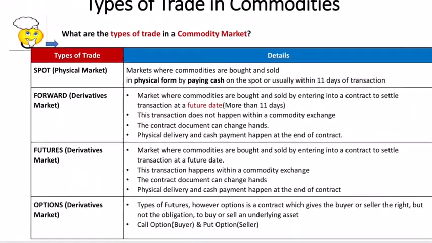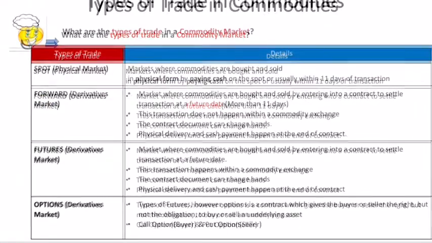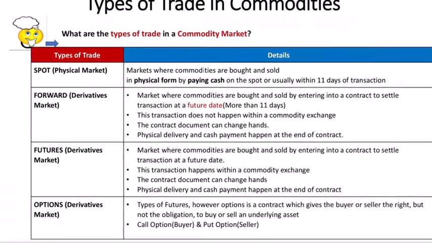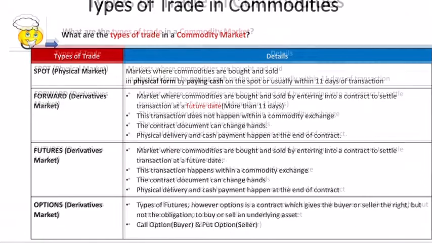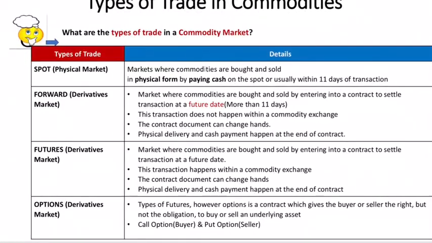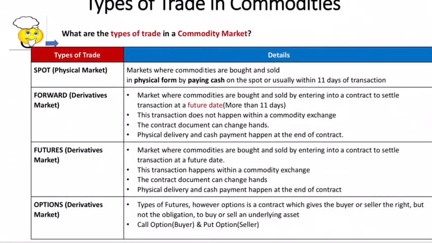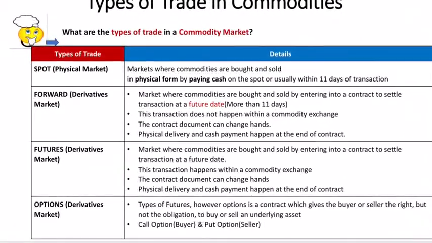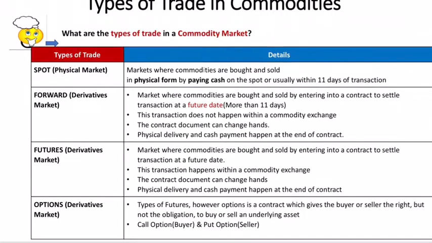It is categorized as follows: spot or physical market, which is outside of the exchange, which happens just by exchanging the commodity and paying cash. Then there is something called the forwards contract or forwards market. This is like a futures contract only.